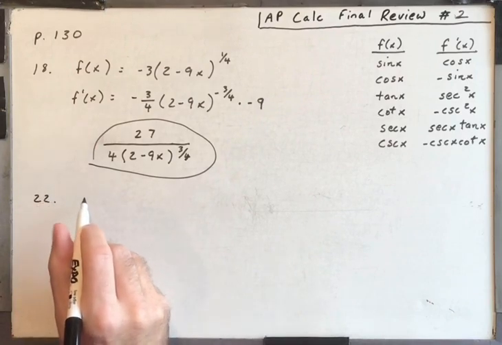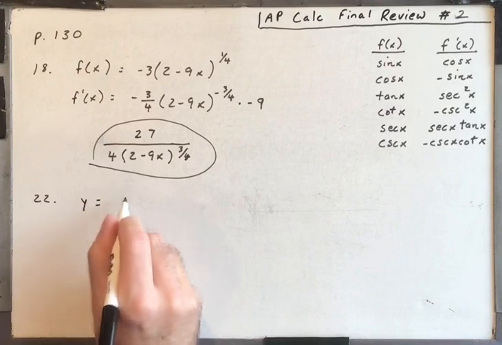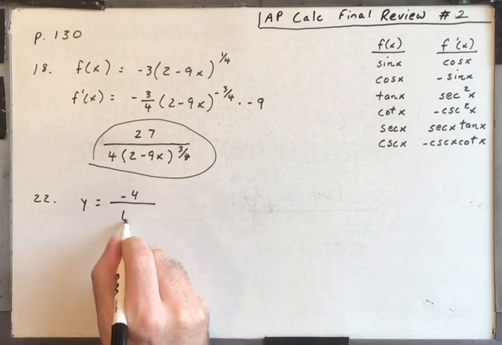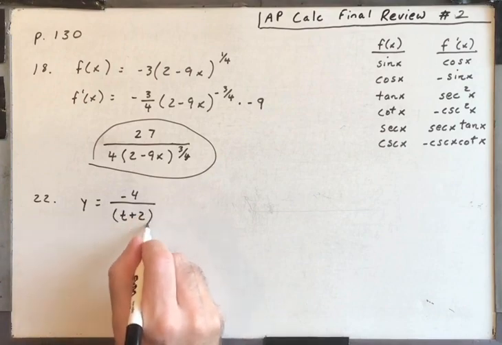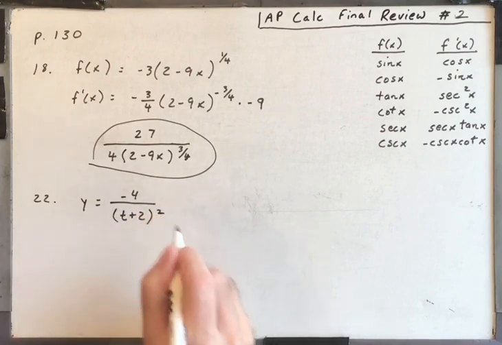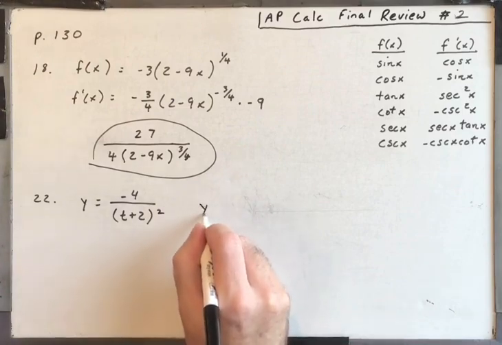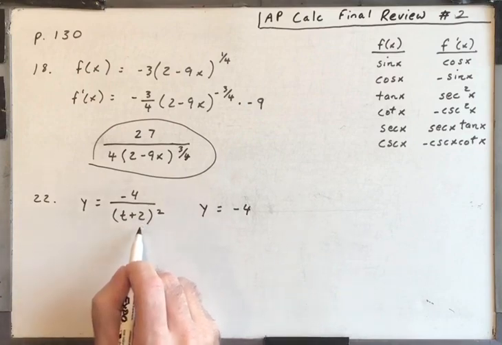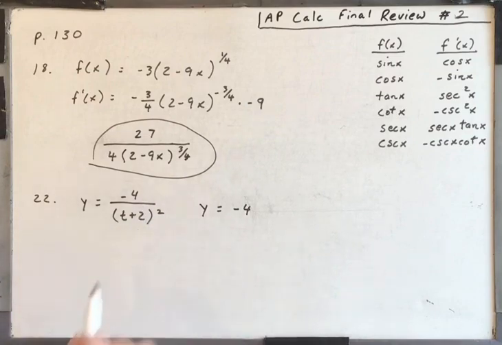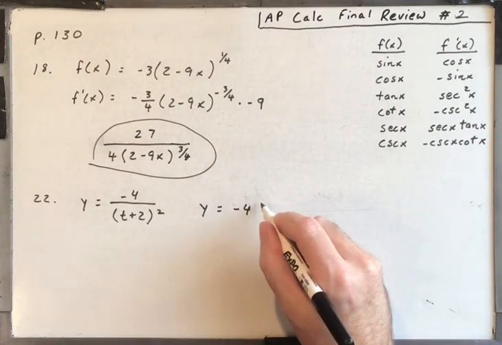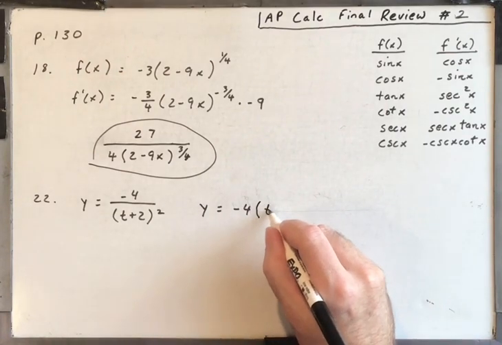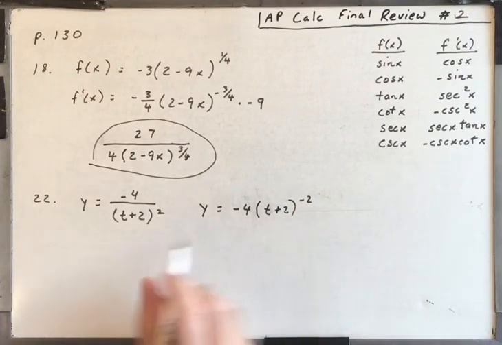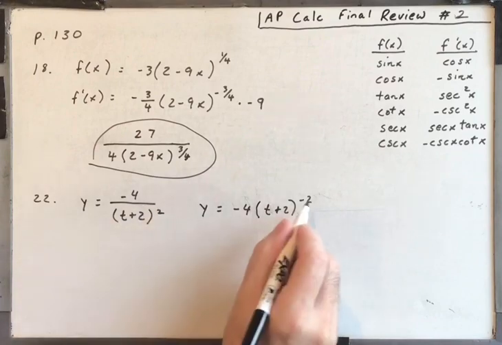22. We have y is equal to negative 4 over t plus 2 squared. So let's rewrite this one as y is equal to negative 4. You could do that as a quotient rule, but it's probably a little easier if we rewrite it like this, and then we can make it just a product rule. All right, so bring that upstairs, make it to the negative 2.